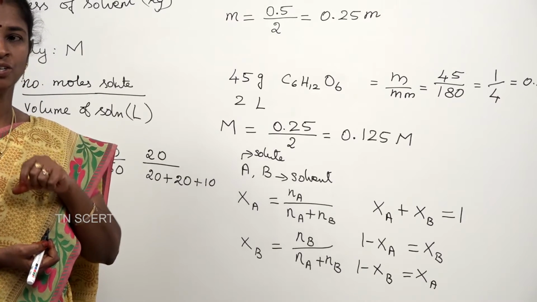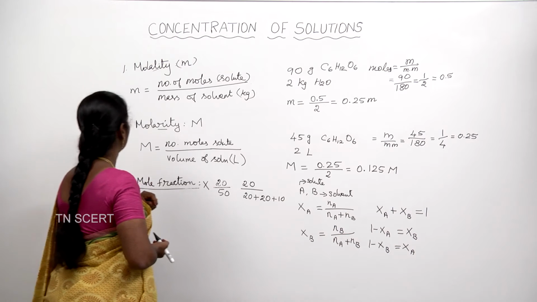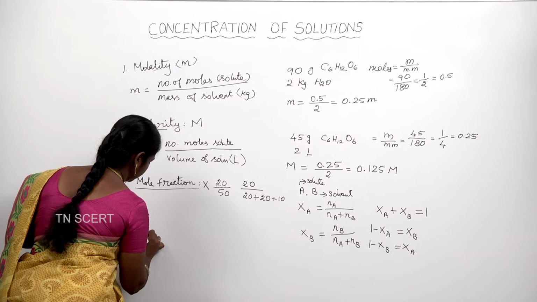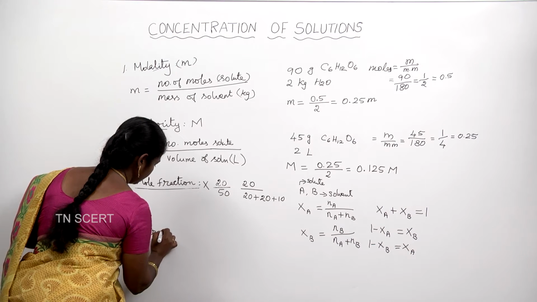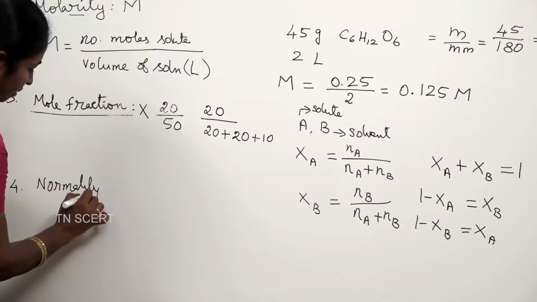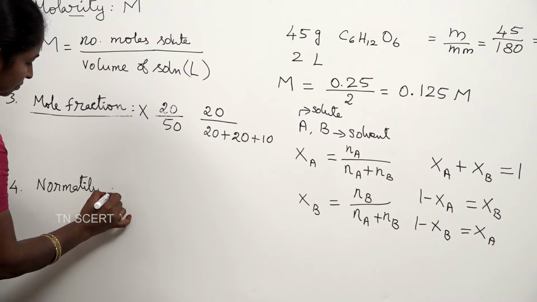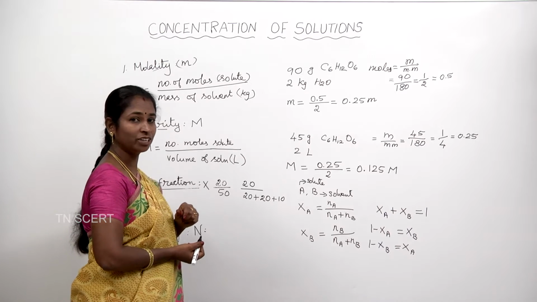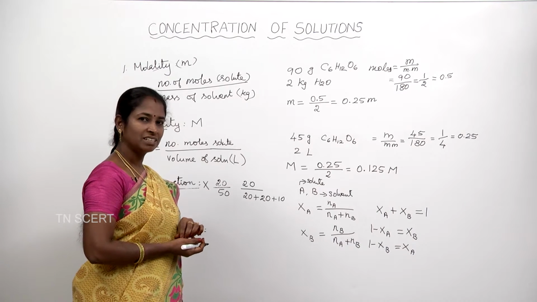Then the next unit is normality, which is denoted by the capital letter N. What is normality?